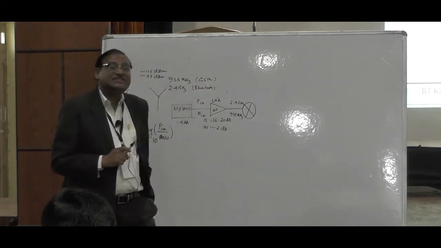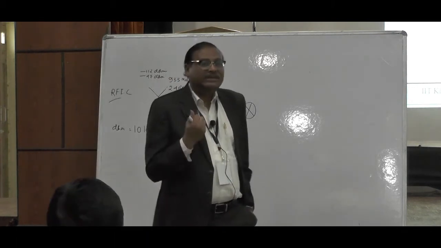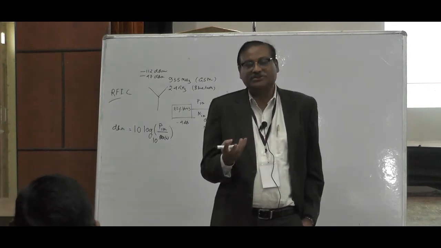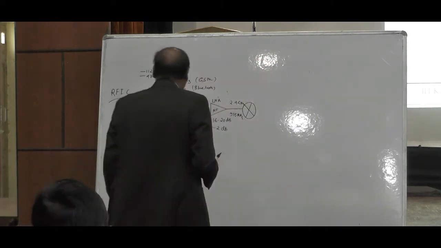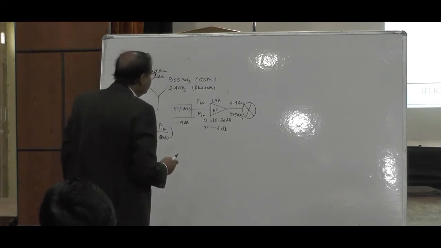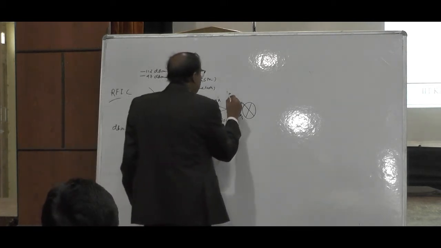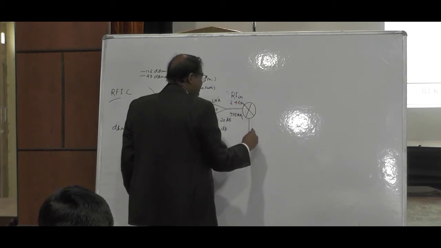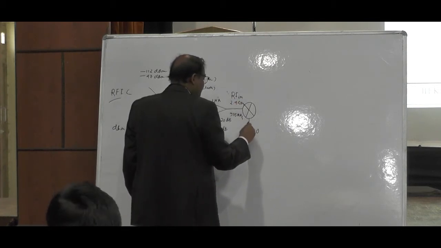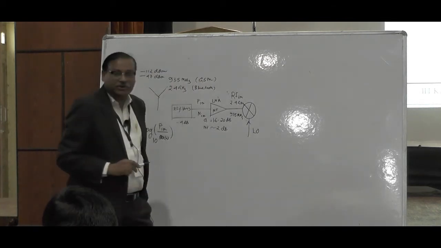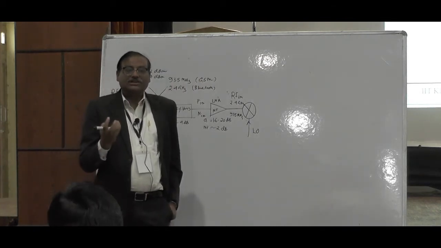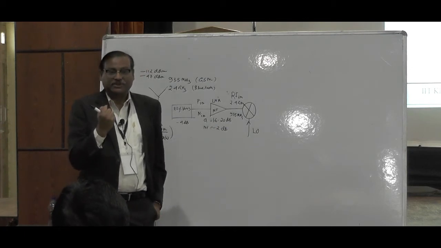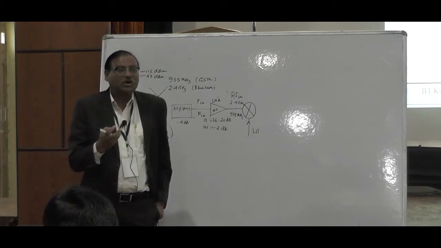Now, there is a catch. That mixer is nothing but a multiplier of two sinusoidal signals. For example, there are two signals, one is called the RF in, and there is another signal coming from the local oscillator, which is locally generated, meaning your receiver is generating that frequency coming from a crystal clock.